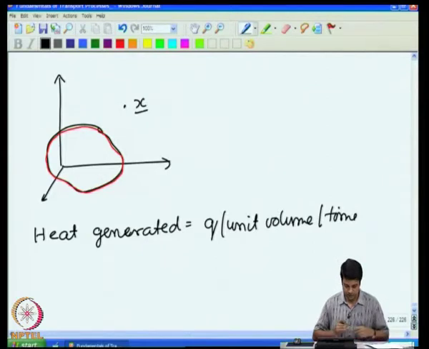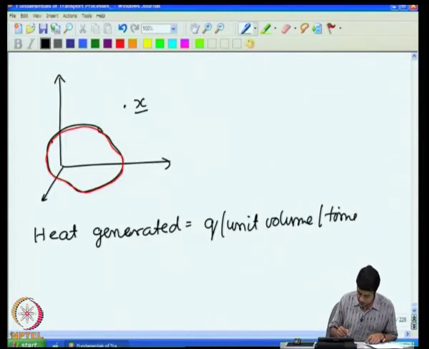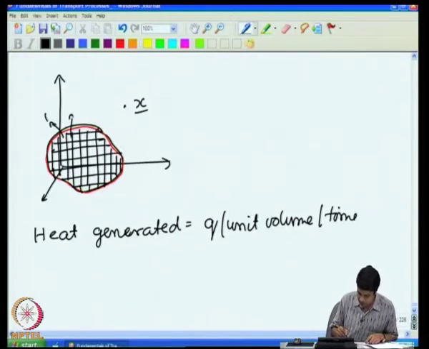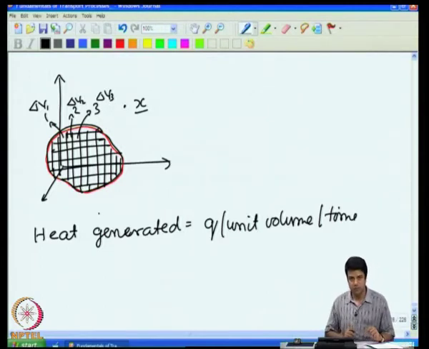As follows. I divide this into a large number of volumes. I will number those volumes as 1, 2, 3, etc. The volumes in each of these are delta V 1, delta V 2, delta V 3 and so on up to delta V n.